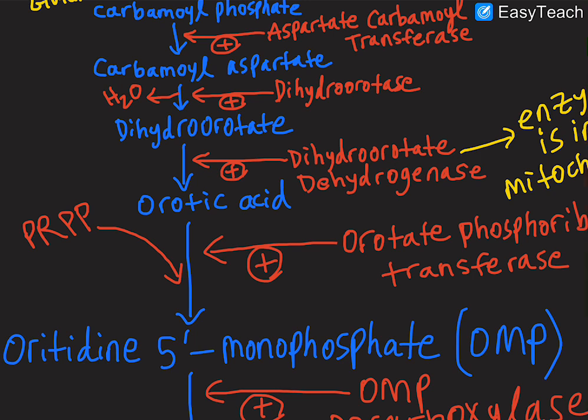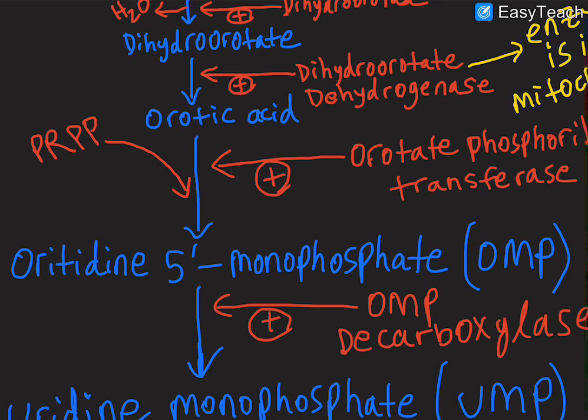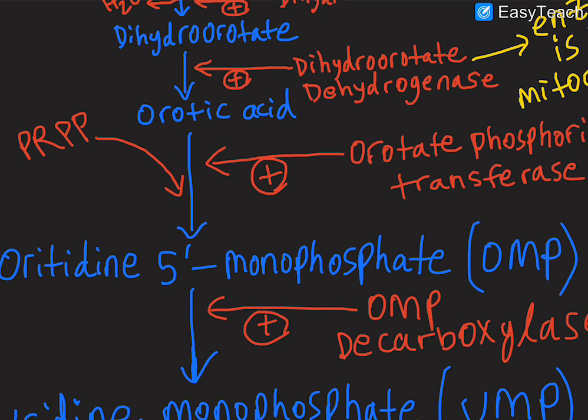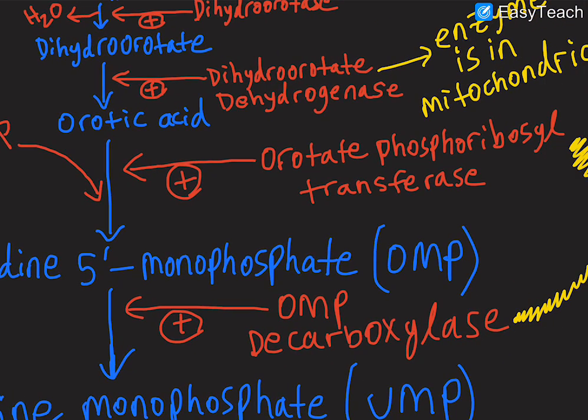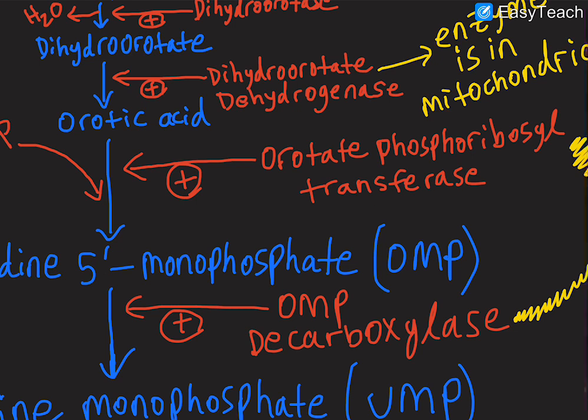This way we form orotidine 5' monophosphate, meaning the phosphate that we have is on the 5th carbon. So we go from orotic acid to orotidine monophosphate, or OMP, via orotate phosphoribosyltransferase. Now we're at OMP.